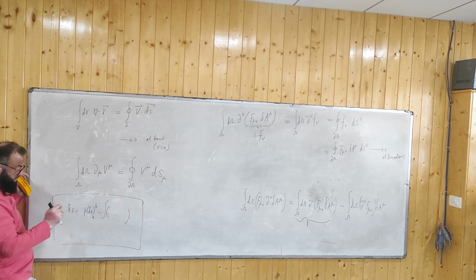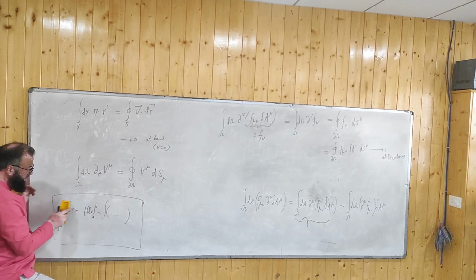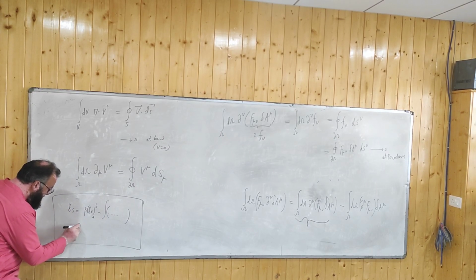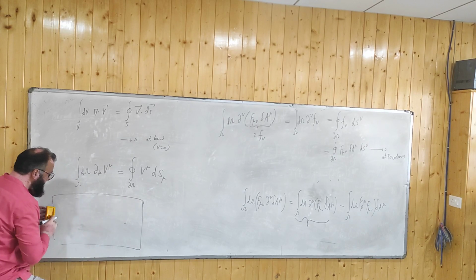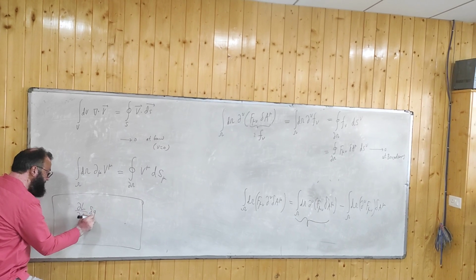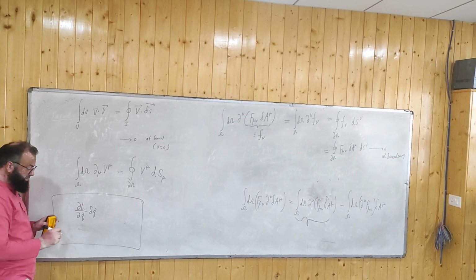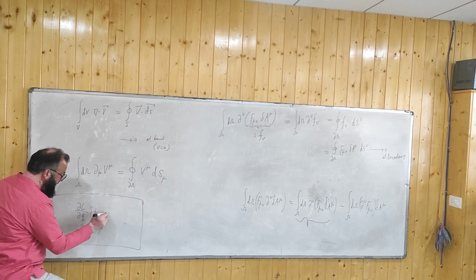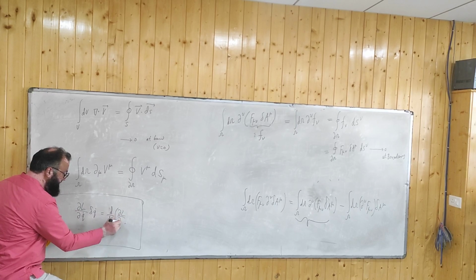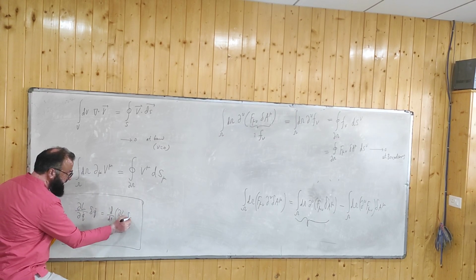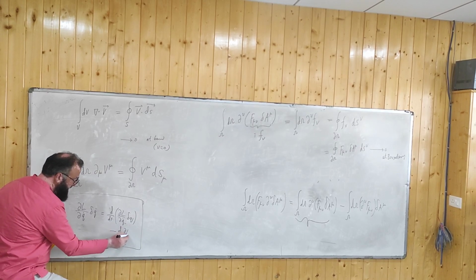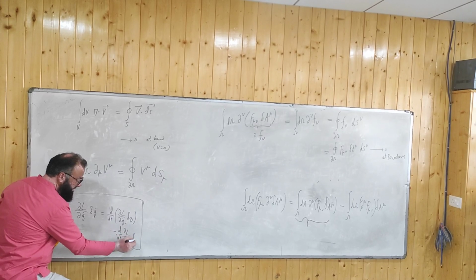It was actually like this. You have partial L by partial q dot and delta q. Let me write that. You write it in this fashion: d by dt of partial L by partial q dot times delta q, minus d by dt of partial L by partial q dot multiplied by delta q.